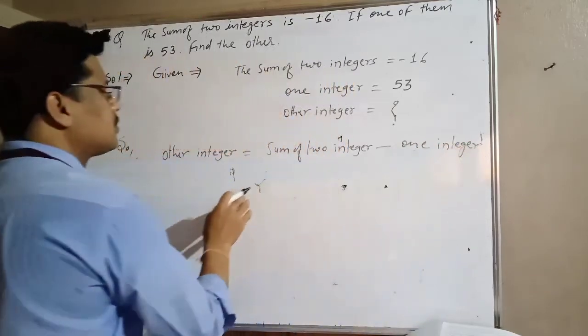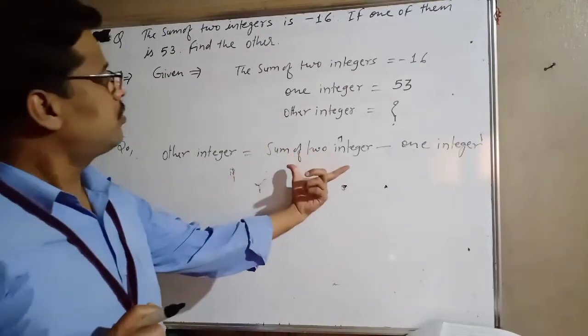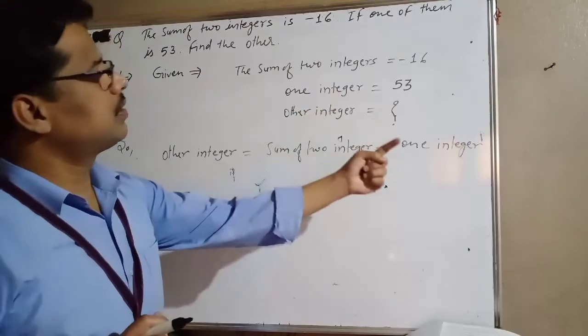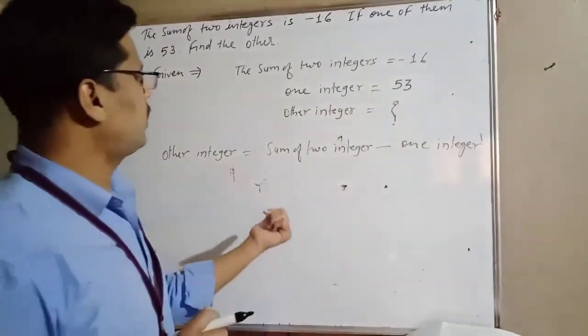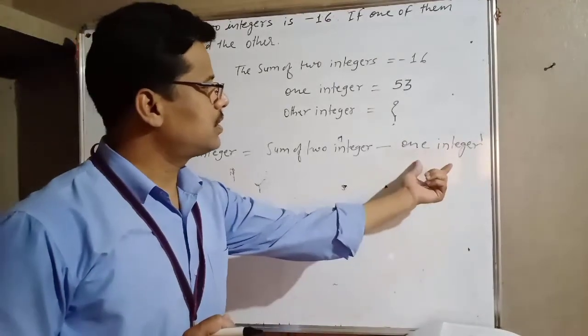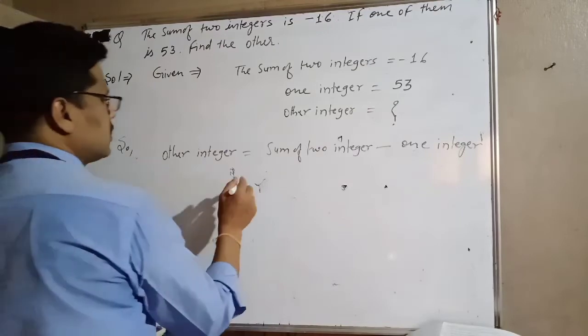With the help of this formula, you can find out the other integer. How can you find it? Whenever we have given the sum of two integers and one of them, and we want to find out the other, you subtract one integer from the sum of two integers. So we will get the required answer, the other integer.